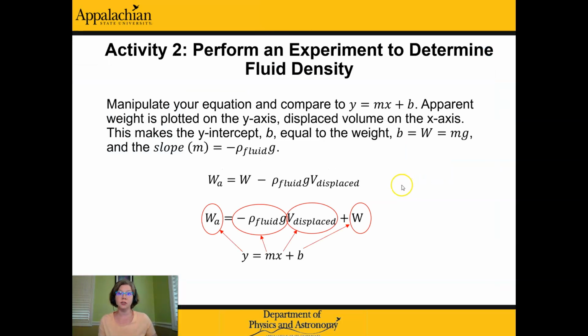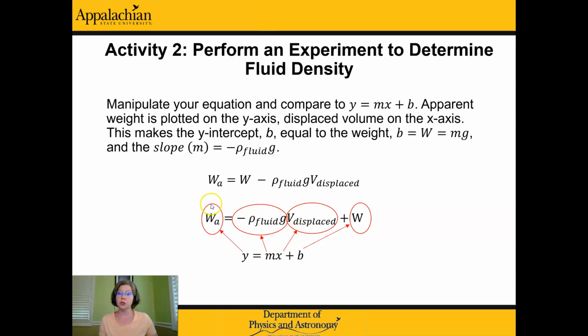Let's look at our equation for apparent weight for a minute. I want this to be a linear equation. I need to think about what it is I'm going to change and what I can measure. As I lower the metal into the water, the volume displaced is going to change. So that volume displaced is going to be my x variable.